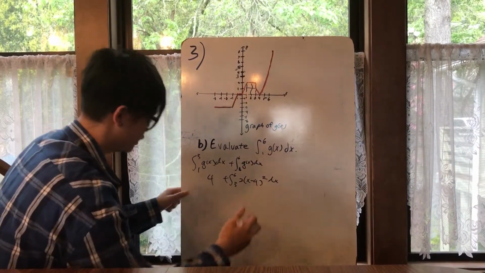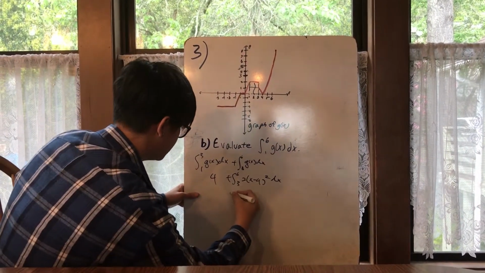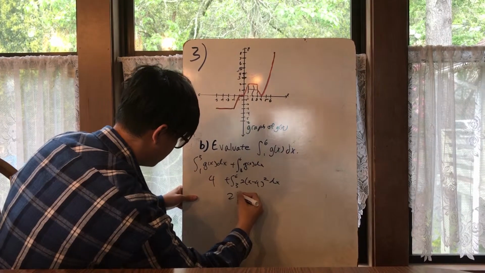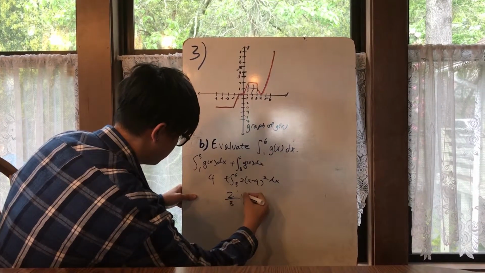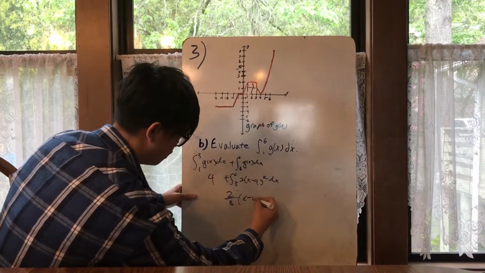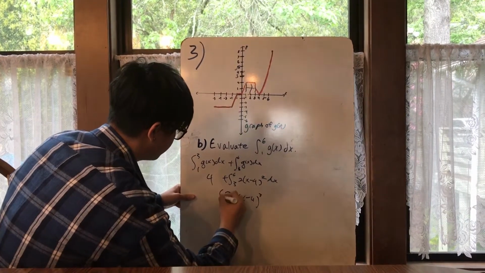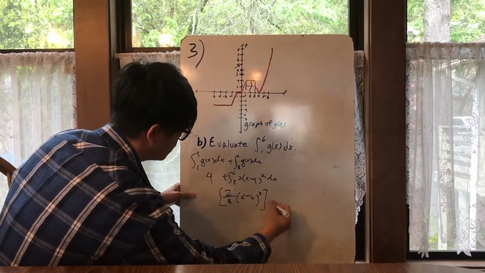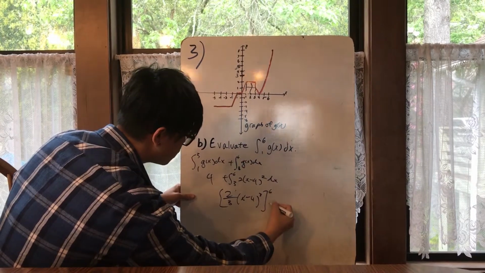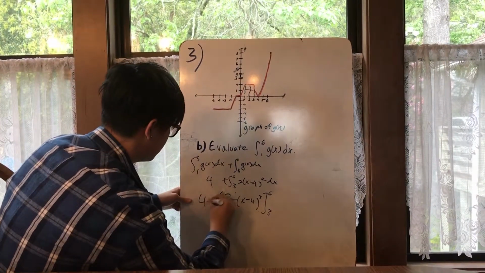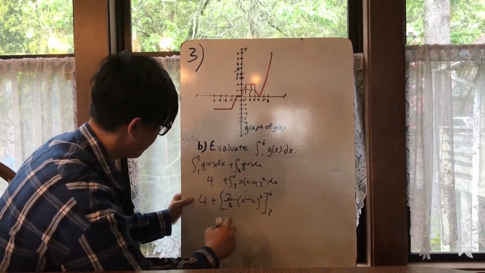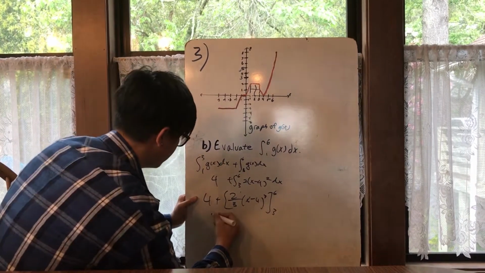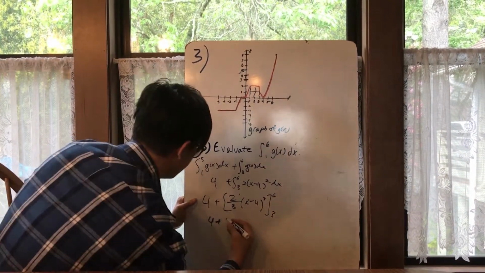So to solve for this part, it would just be 2 times the antiderivative in brackets, evaluated from 3 to 6, and then simplify this part.